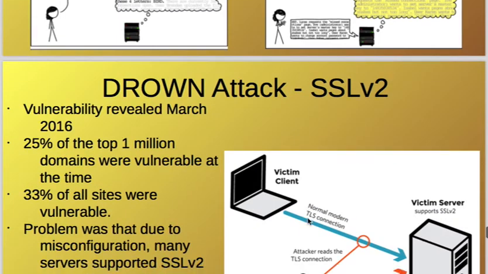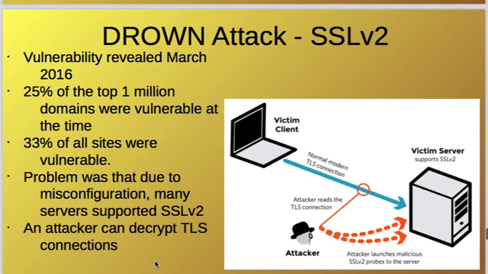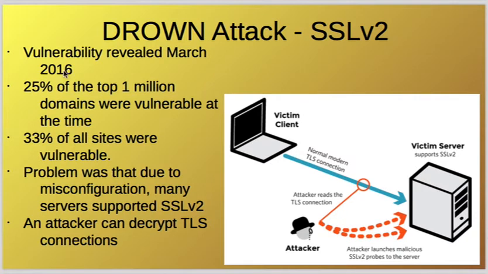All right, so now we'll move on to something a little bit different. This is a little bit more recent. Heartbleed occurred sometime between 2012 and 2014, so about 4-6 years ago. The DROWN attack was revealed just a couple of years ago, in March 2016. And it was actually a problem with SSL and TLS.